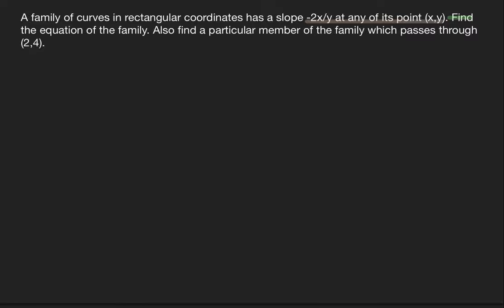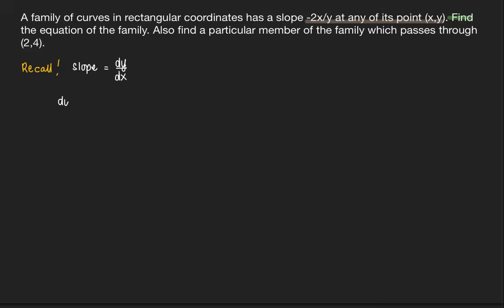So first, we are given here that the slope at any of its point xy is negative 2x over y. We recall the slope is equal to the derivative dy dx. So the slope at xy is equal to negative 2x over y.